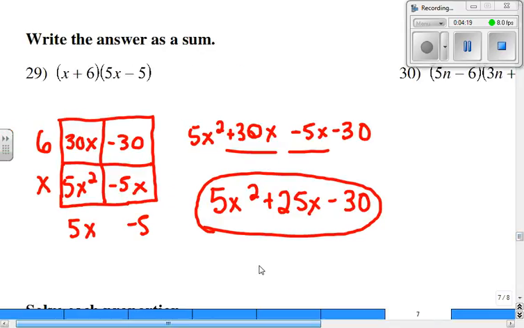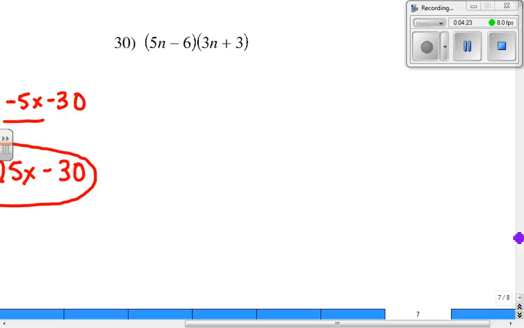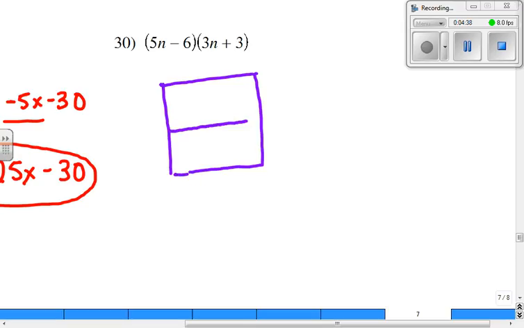For problem 30, we're asked to write the answer as a sum. This means we're going to need a generic rectangle to multiply this out. We have two binomials that we would like to multiply. And we use a generic rectangle to do just that.